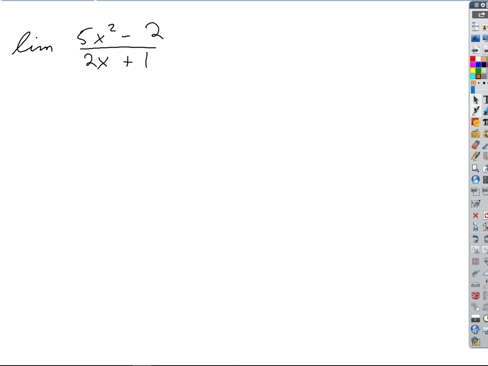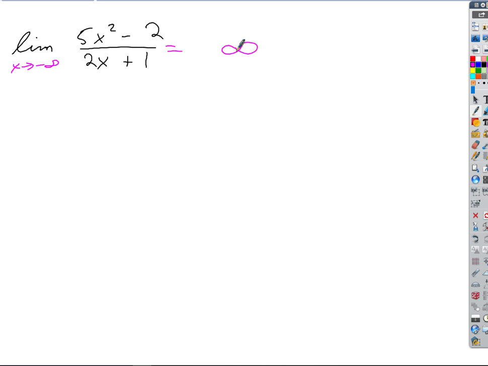Let's say the limit as x approaches negative infinity. What can you tell me about it? First thing probably is, do we get a horizontal asymptote? No. It blows up. What's the sign going to be?